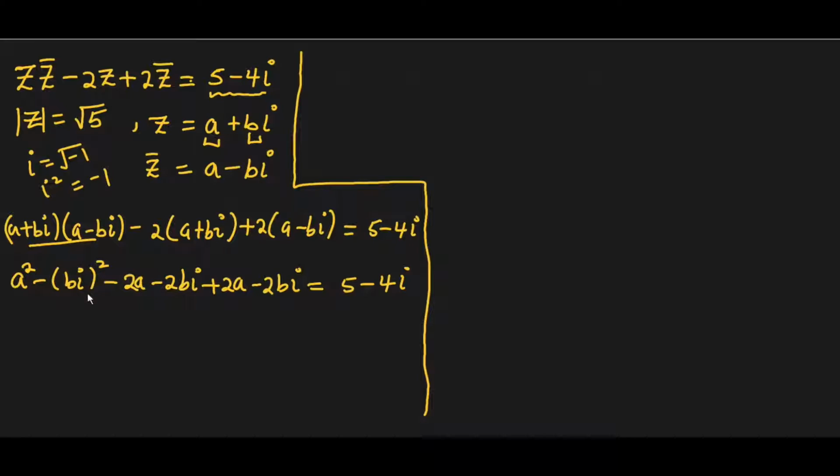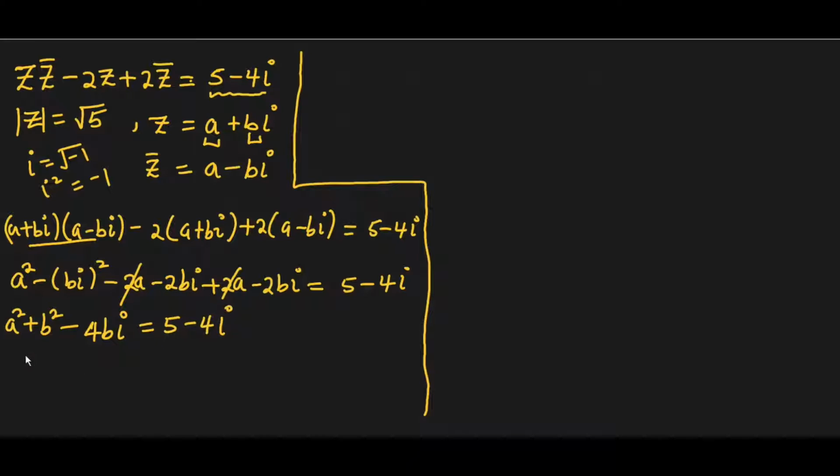And so this being i squared, it turns out to be a negative 1, and to make this positive, we have a squared plus b squared minus this, and that will cancel, so that will go, and then we'll have this and that reducing to minus 4bi, and this is equal to 5 minus 4i.